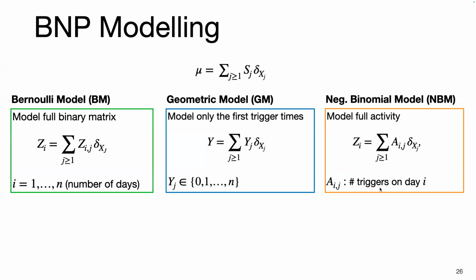That is, how many times they click on a web page, how many times they perform a login, and so on and so forth. We can accommodate this by generalizing our models and saying that x_j is associated with a certain activity on day i, which we model as independent negative binomial distributions.